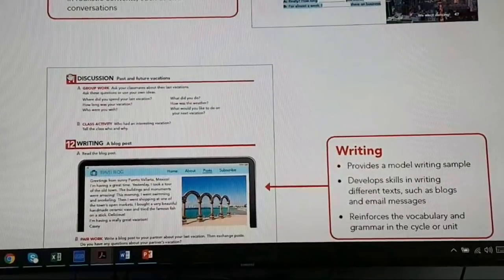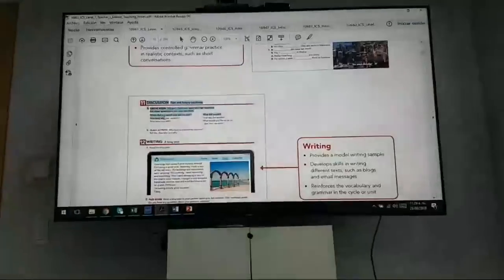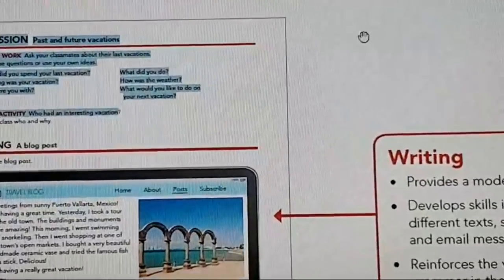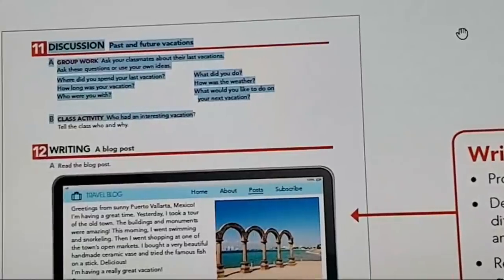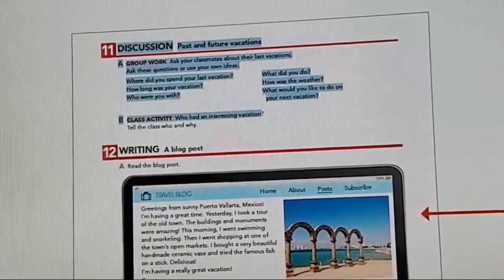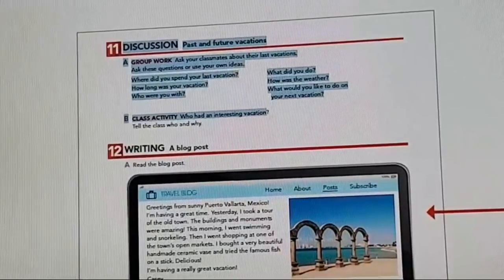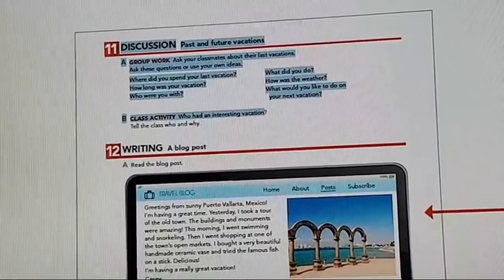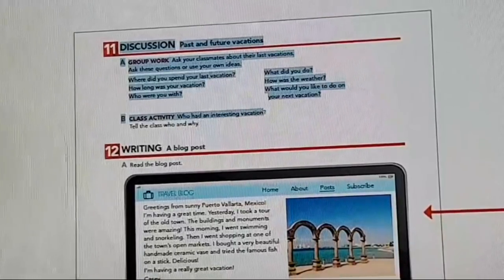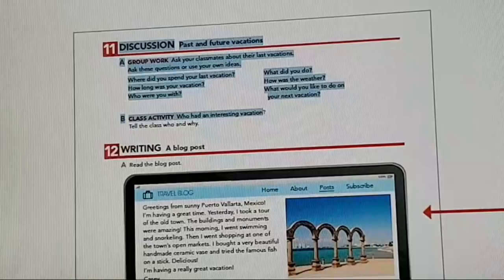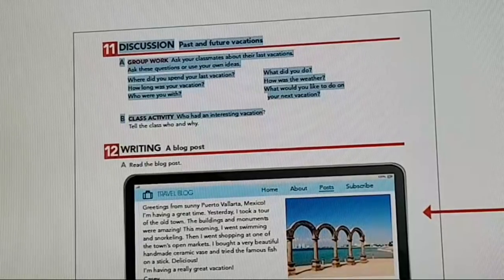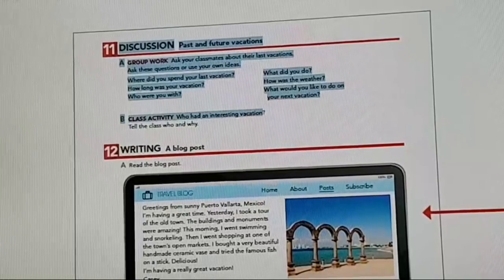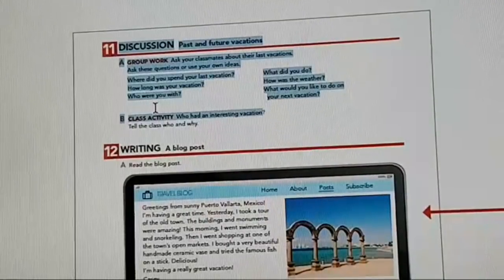Discussion here is about personalization again. Students are in a less controlled scenario. Students have the possibility of developing their skills in a more productive way. There is group work. There are different interaction patterns to be used.